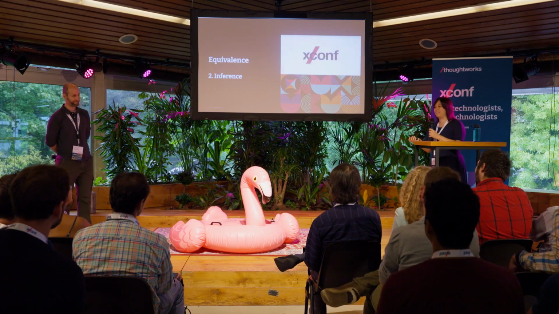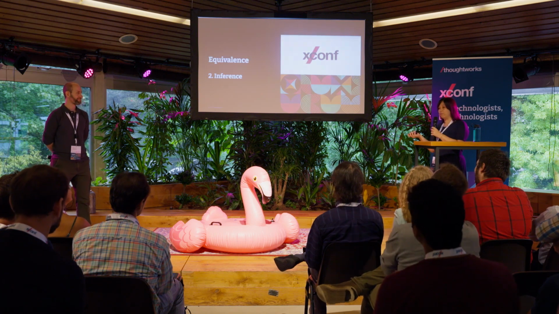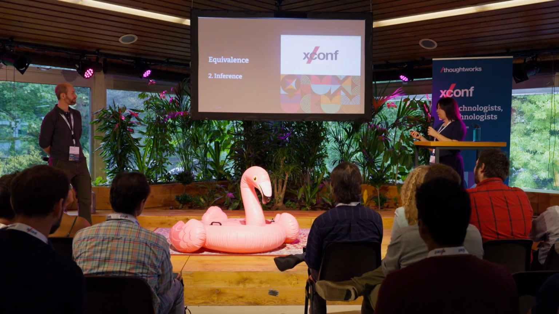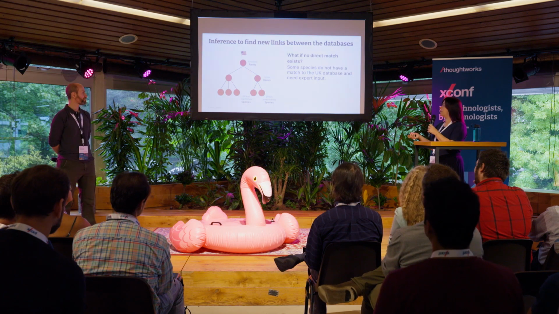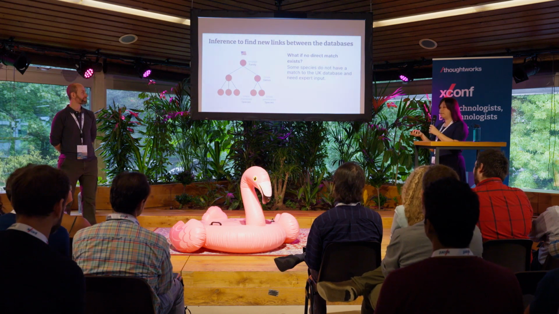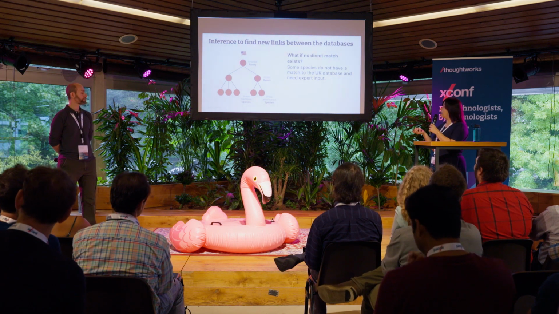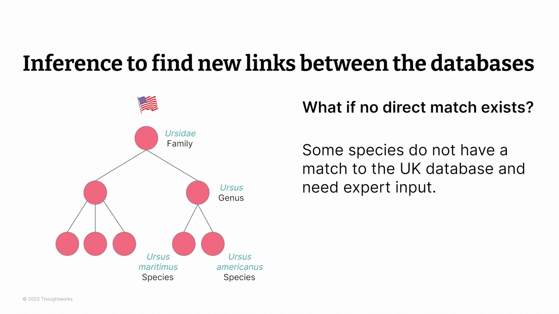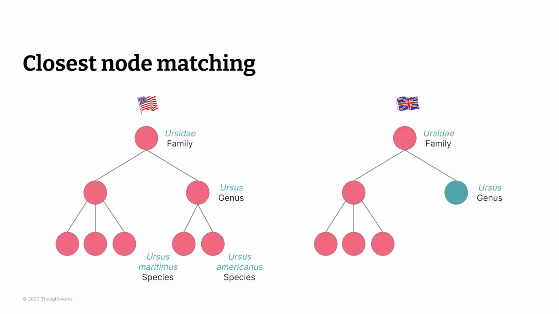The next one, we're going to use inference to infer new knowledge across the graphs. And why would we want to do this? We want to find new links between the two knowledge graphs because there is a case where the species do not have a direct match in the UK database. And this can be illustrated here. So in the US, you have the bears, you have their full taxonomy all the way down to species.